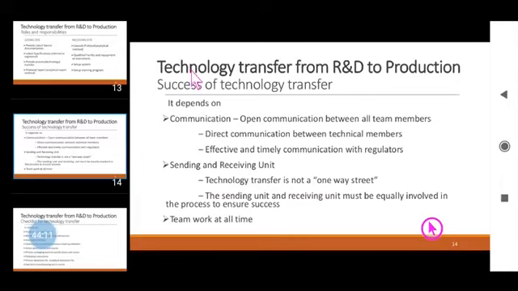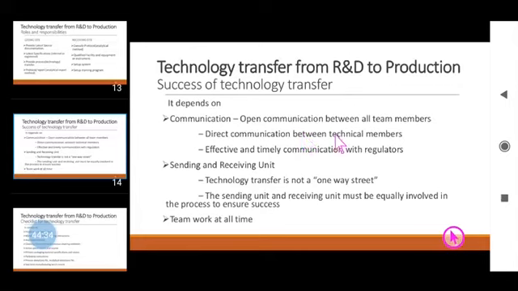The technology transfer must be completed within the stipulated time, and for this, communication is the main reason. If proper communication is there, there are more chances for the successful transfer of the technology.